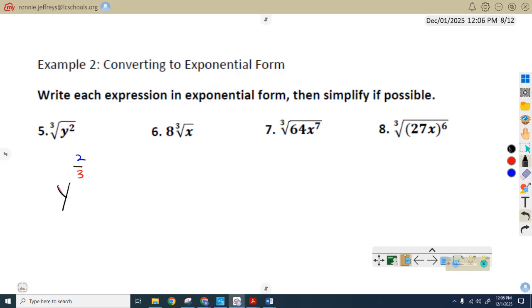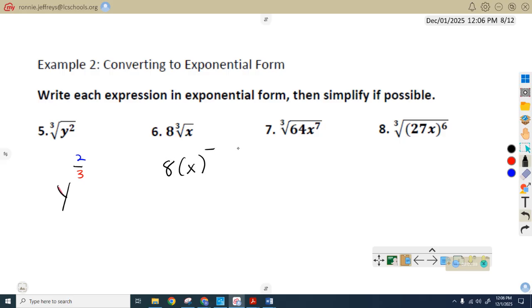Now, what is the only thing under the radical sign? X. That's the only thing that needs to have the power.